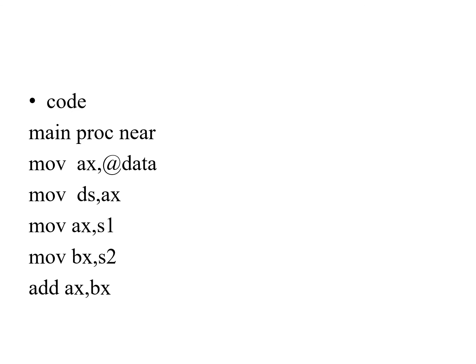Again, BX is a 16-bit register. So the first value 5678 will be loaded in AX, and BBBB I will load in BX, and then now I'm going to add AX comma BX. So AX contains 5678, BX contains BBBB. These two will be added, and the answer will be loaded in the AX register.